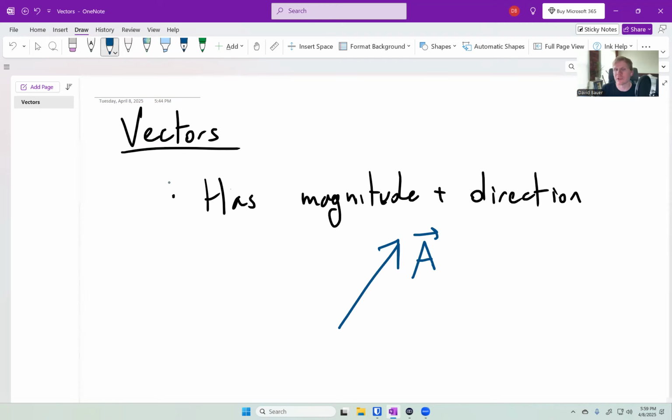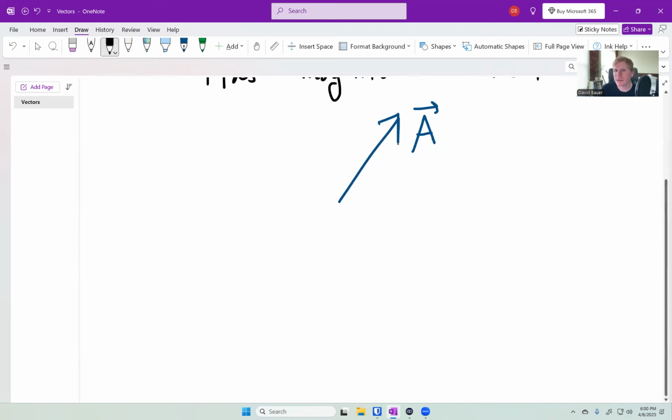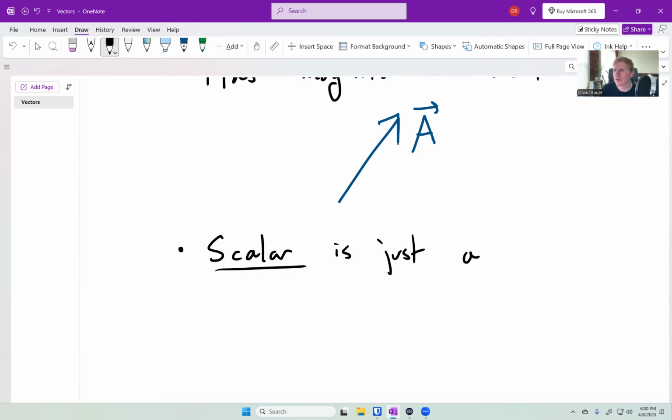So here's a vector, just call it A. This is in contrast with a scalar. A scalar is just a number. So a scalar doesn't have a direction associated with it.